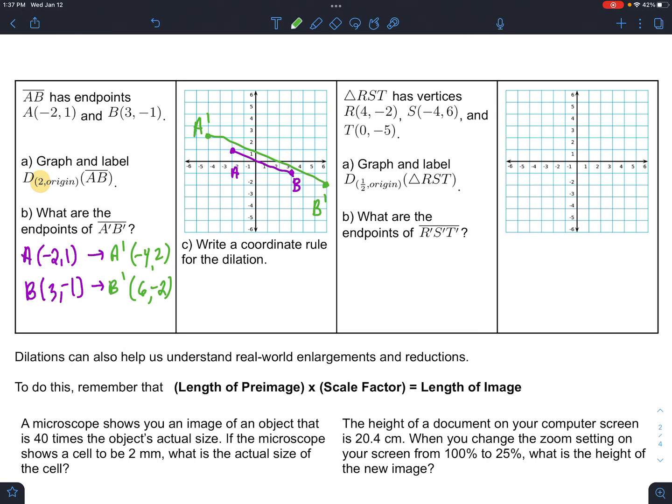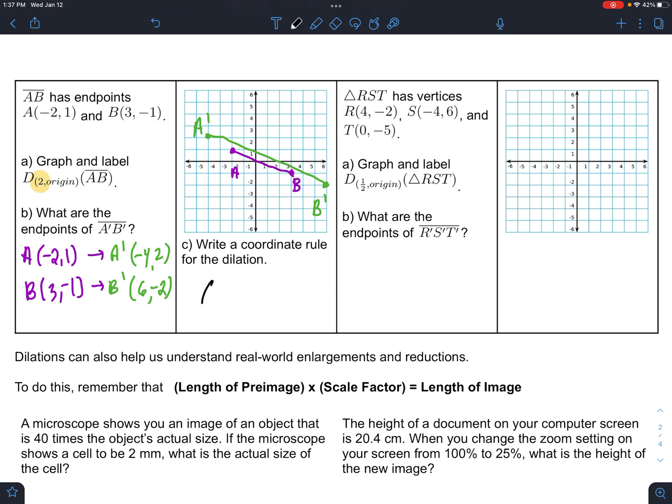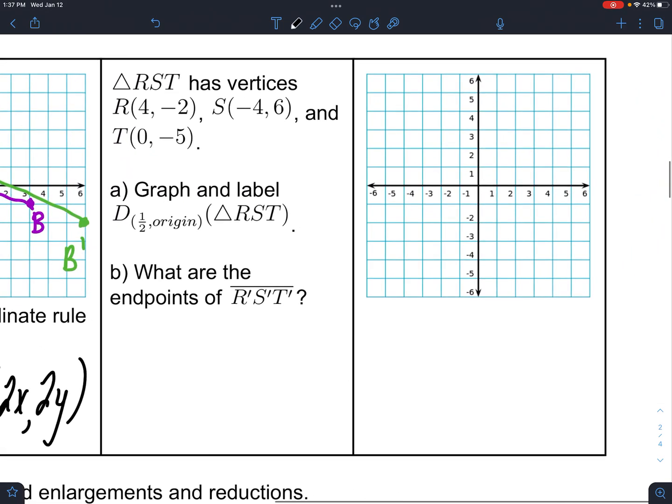Yeah, it got twice as long, and we can see that shown in the points, and we can see that in the picture. So for our dilation around the origin, the coordinate rule is take your old point and multiply it by your scale factor.